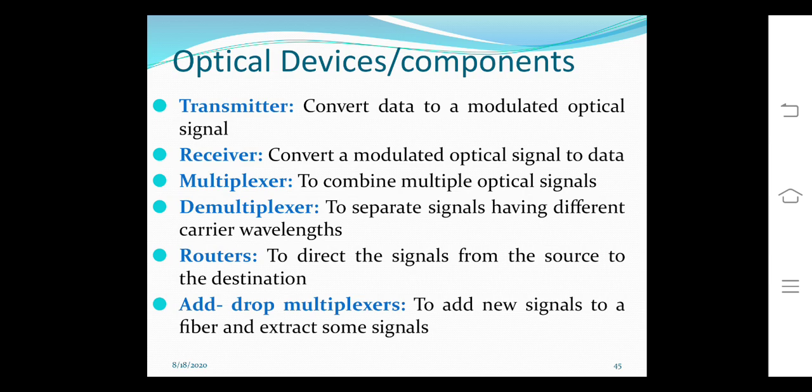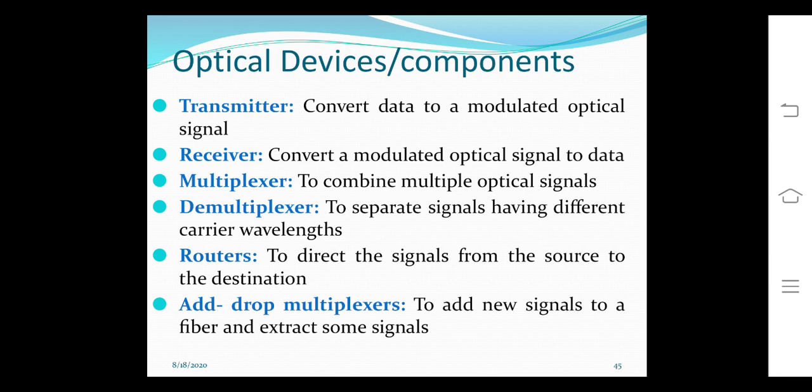In this transmitter and receiver, only electrical to optical conversion and optical to electrical conversion is performed. In the transmitter, the data in the form of an electrical signal will be converted to an optical signal, modulated and transmitted. And in the receiver, the received optical signal will be converted to the electrical signal, that is the data.